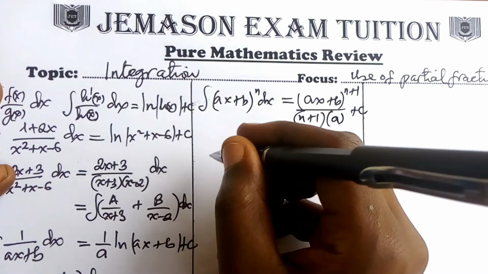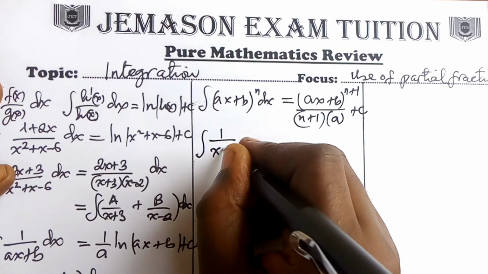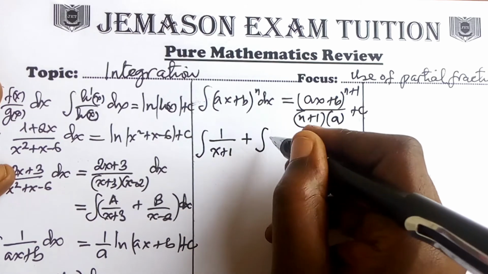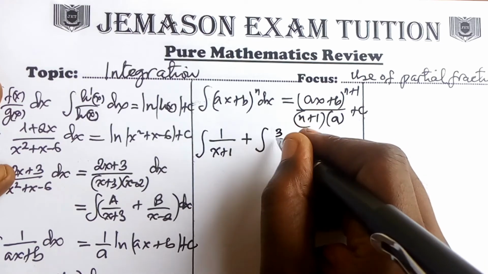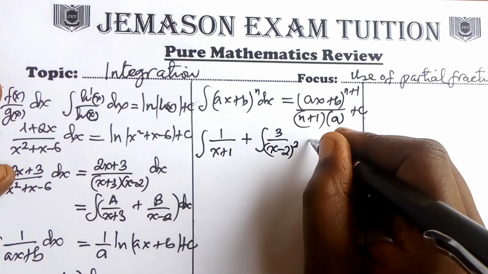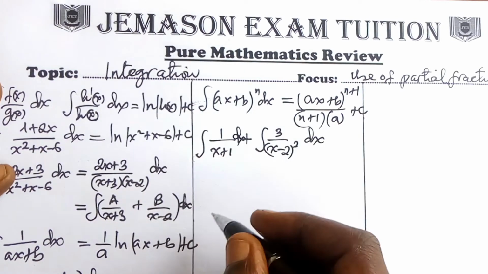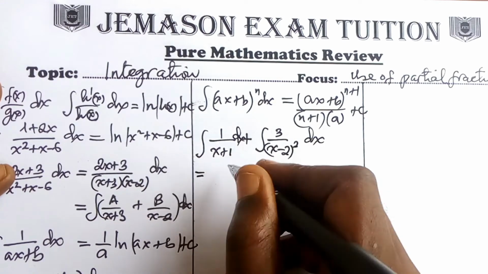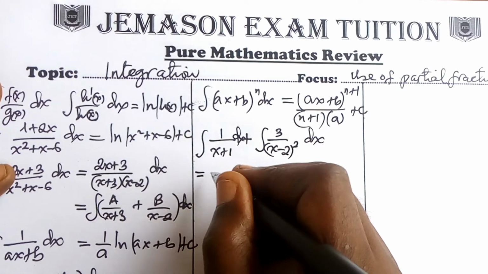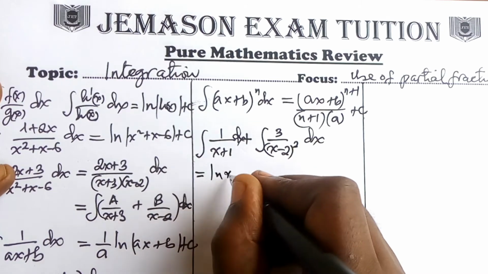So if after doing my partial fractions I get something like 1 all over x plus 1 plus the integral of 3 all over x minus 2 all squared, then for the first, a linear factor at the denominator, I take 1 over the coefficient of x, which is 1, so I just take ln of x plus 1.